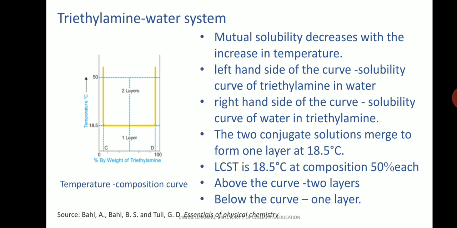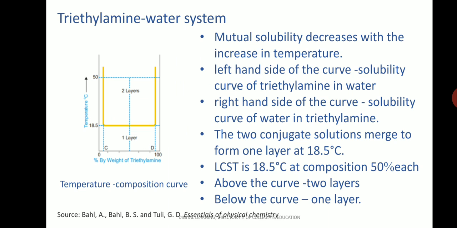Let's take the example of triethylamine water system. The figure that you see is a temperature composition curve for this system. To the extreme left is 100% water and to the extreme right is a curve showing 100% triethylamine.